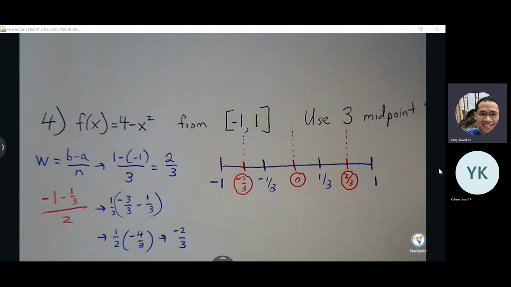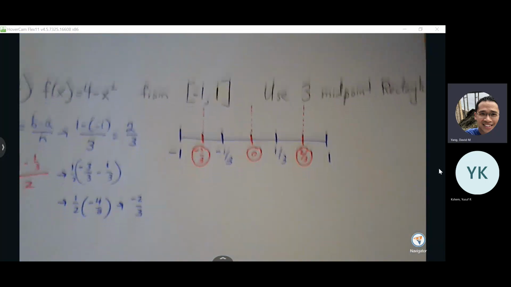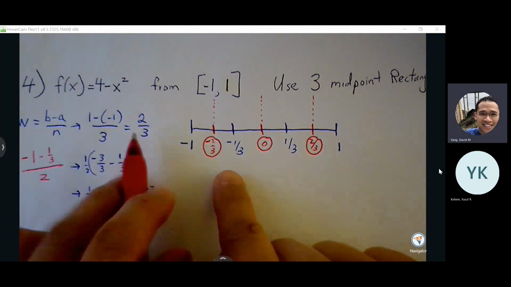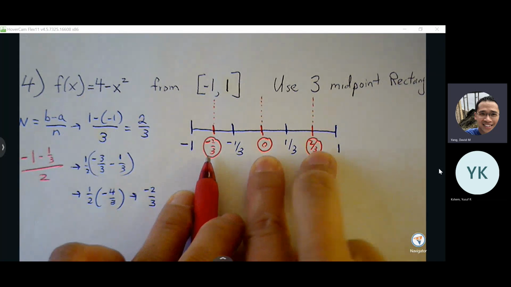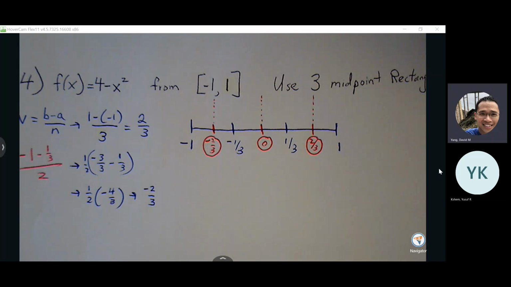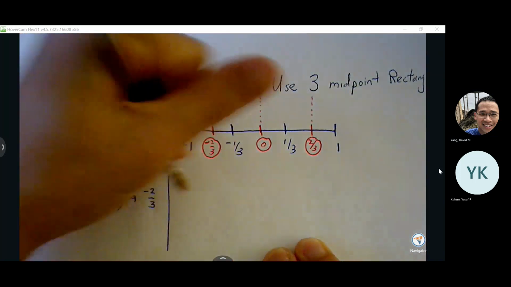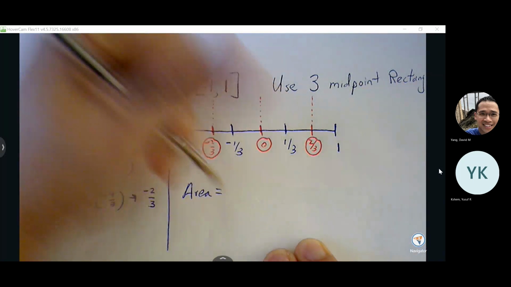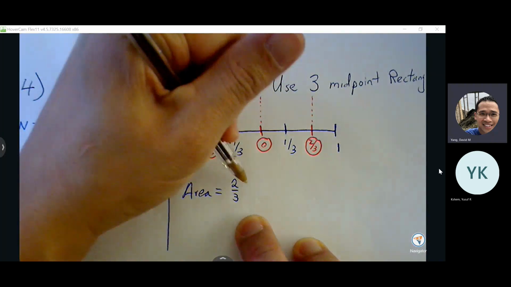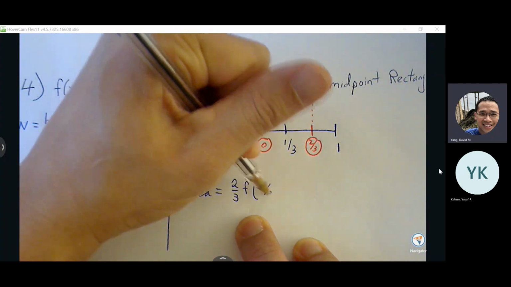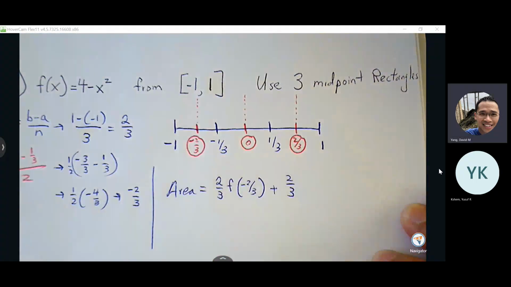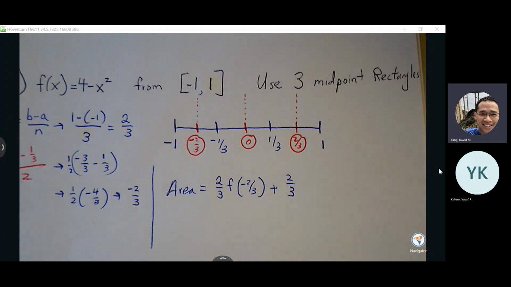All right, so now I'm going to go through my area formula. Area of a rectangle is width times height. Every width is 2/3, and the heights are going to come from these 3 midpoints. Hand out there if you want to get that. So width is 2/3. The height of my first rectangle is f of -2/3. Now I'm writing the width each time, but you could easily just factor it out if you like.